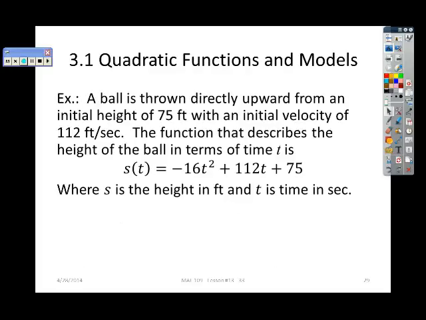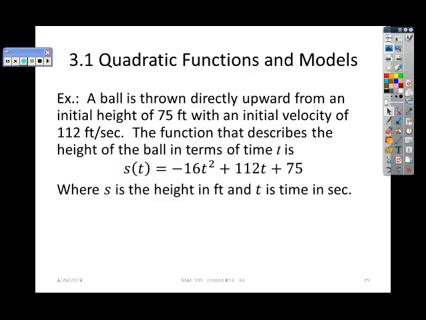Okay, so how could this be applied in an application? Well, an example that comes from physics, but you can visualize as being a situation which could happen. You've all had this experience where you took a ball, threw it in the air, and caught it again, right? It goes up, comes back down.